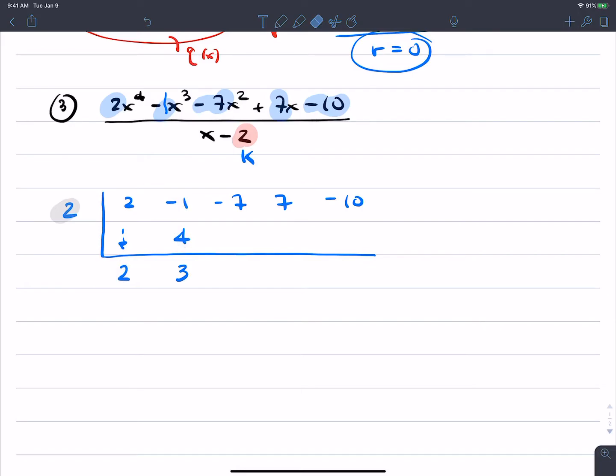We get to repeat this process now. 2 times 3 gives us 6. Negative 7 plus 6 gives us negative 1. We get to repeat the process. 2 times negative 1 gives us negative 2. 7 minus 2 will give you 5.